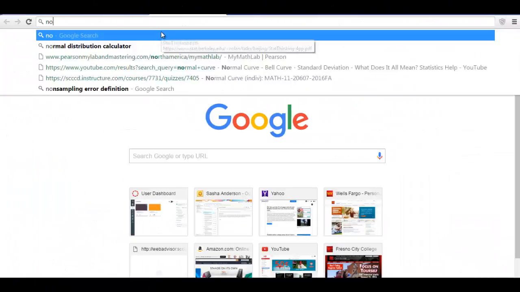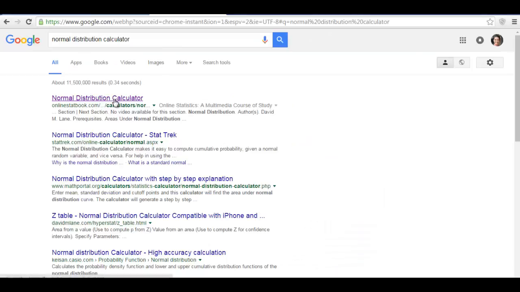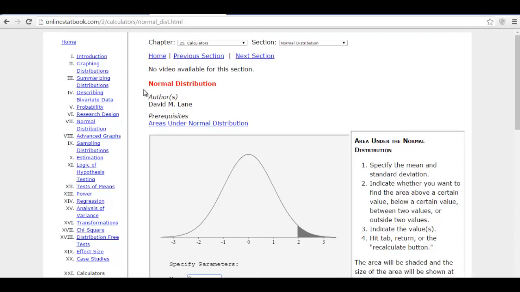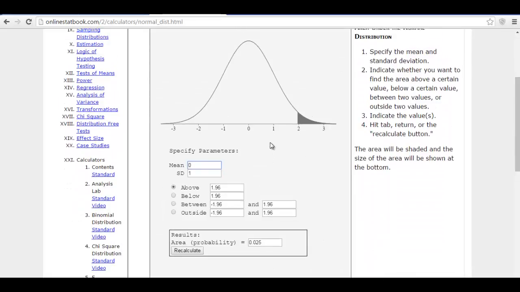I can just type in normal distribution calculator on the web. I'll click on the first one here. Looks like David Lane made a nice one. Again, here we have the mean is 0, the standard deviation is 1, and I want to find the area below 0.